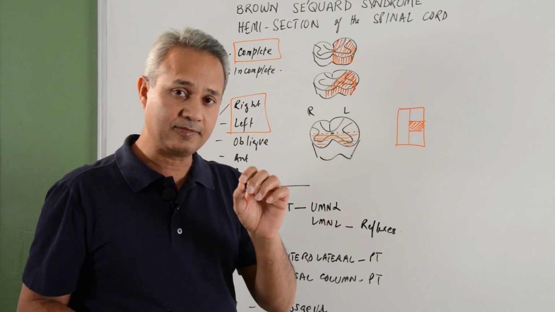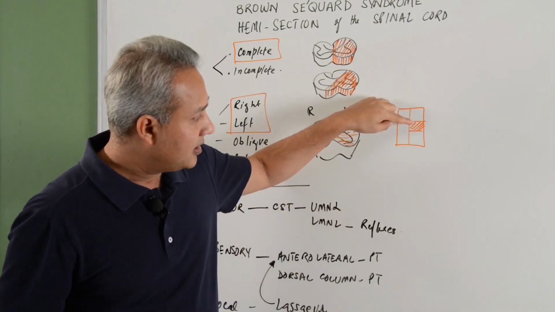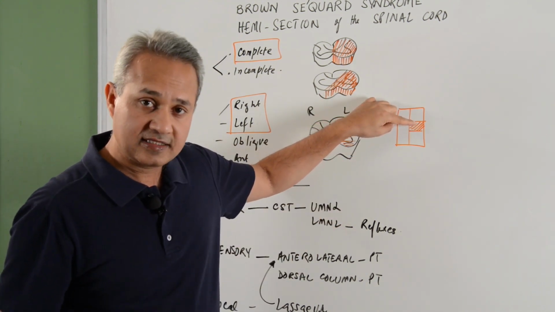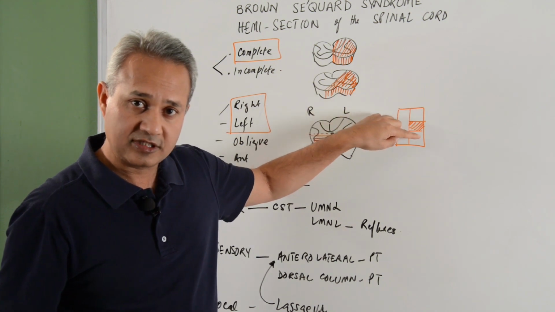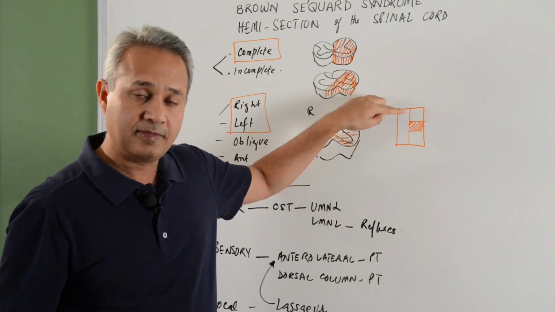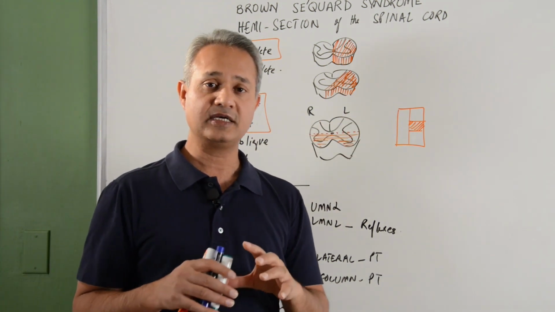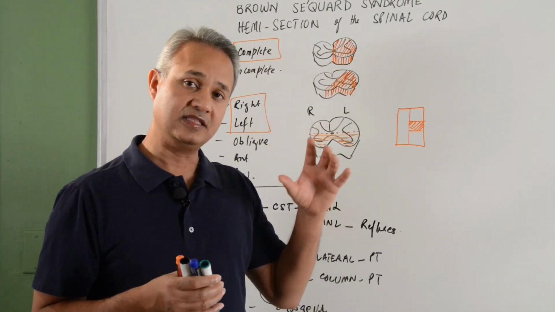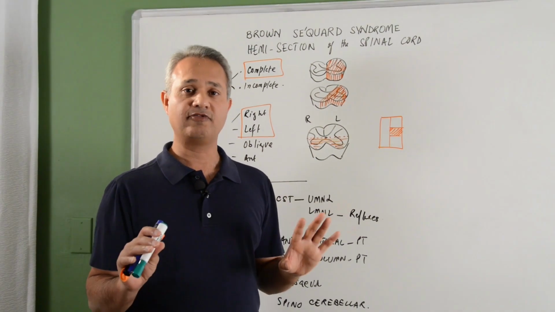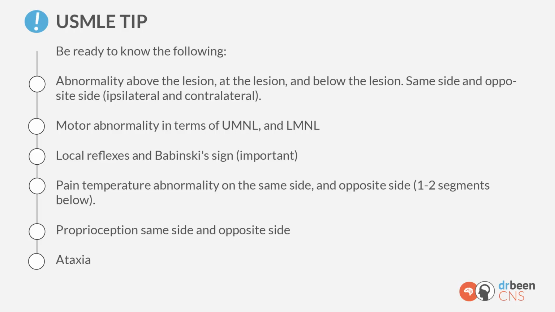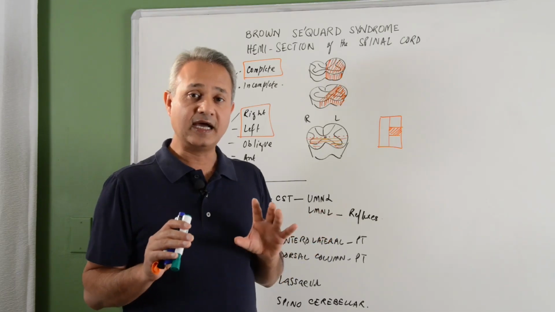Similarly, sensory abnormalities on the same side at the segment, above the segment, below the segment. If you can define the problems in this structure, you are fine. If you understand it that way, you're fine.